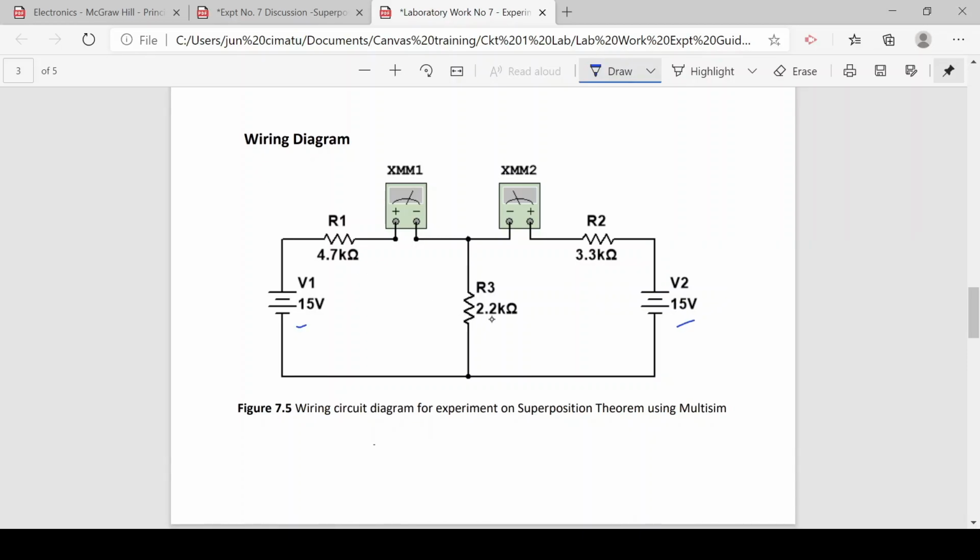The resistances are known, and these are the ammeters. We expect 15 volts B2 to supply current, and also 15 volts B1 to supply current. That is why the positive terminals of the ammeters are connected to the positive terminal of the supply.